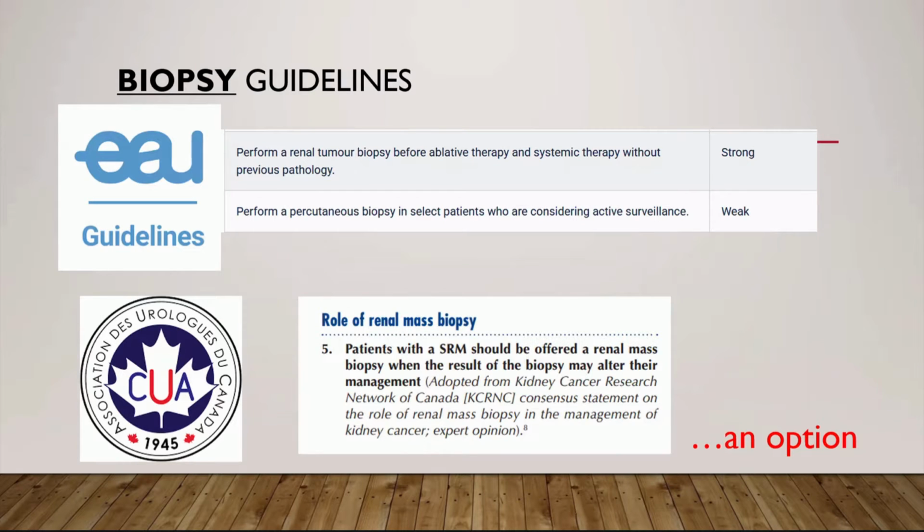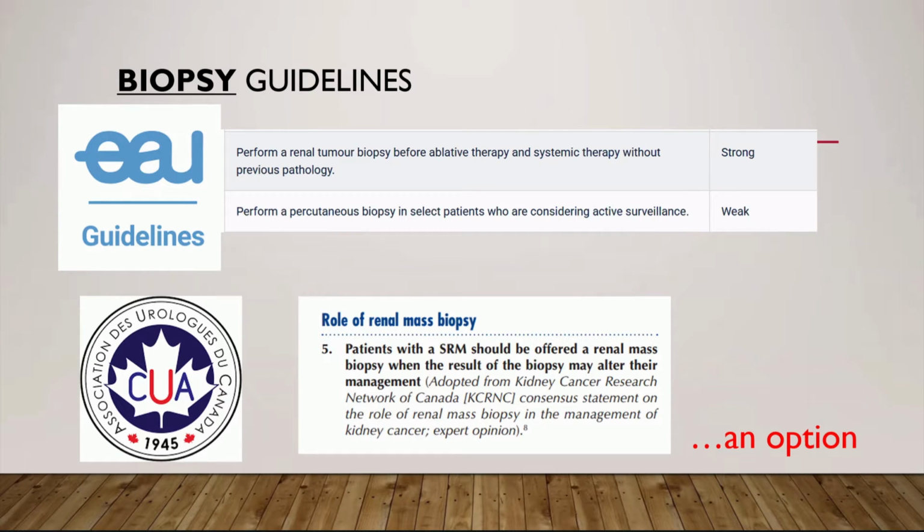So what about further diagnostics? I'll spend the most time in a few slides on renal mass biopsy, because I think it's a little bit interesting. First of all, just what do the guidelines tell us? Well, the EAU guidelines, I always like the EAU guidelines, have a strong recommendation to perform a biopsy before ablative or systemic therapy.